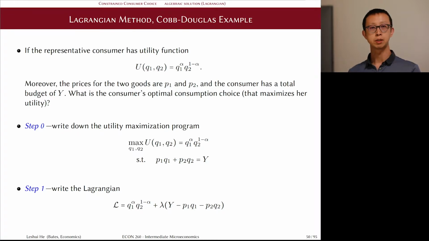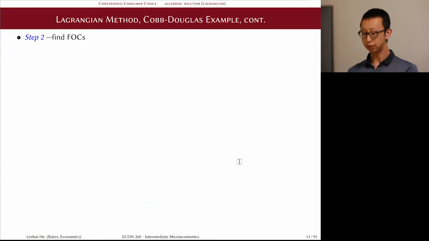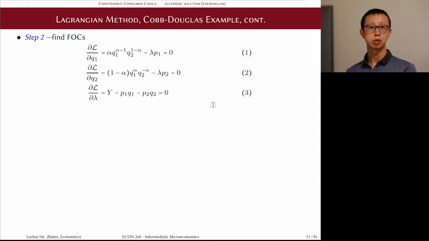To find the optimal consumption bundle, we first wrote down the utility maximization problem with the objective function and the constraint. From there, we wrote down the Lagrangian, and then we took first-order derivatives with respect to the control variables, Q1, Q2, and the Lagrangian multiplier lambda. And then we forced these first derivatives to be 0 and obtained our first-order conditions.